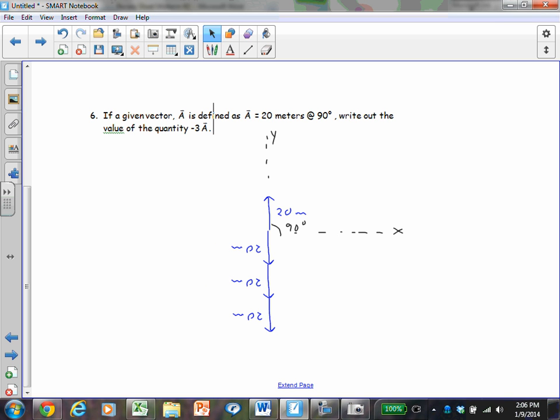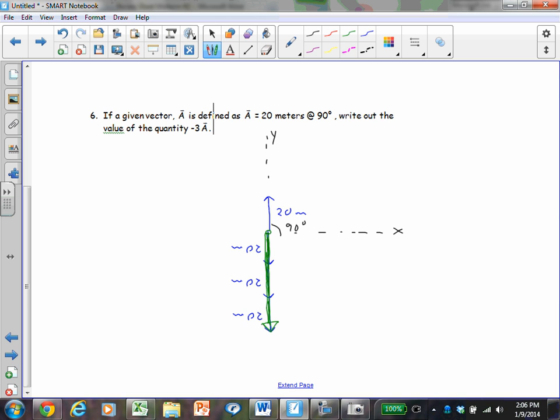So minus 3A will look like that thing. Okay? What's the length of it?